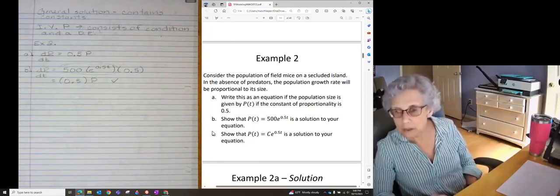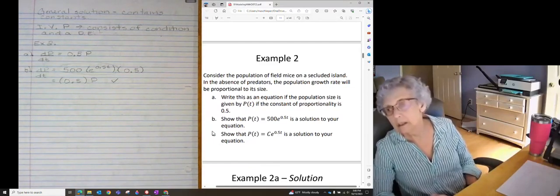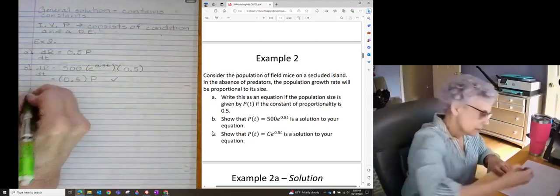Show that P of t equals c e to the 0.5 t is a solution.